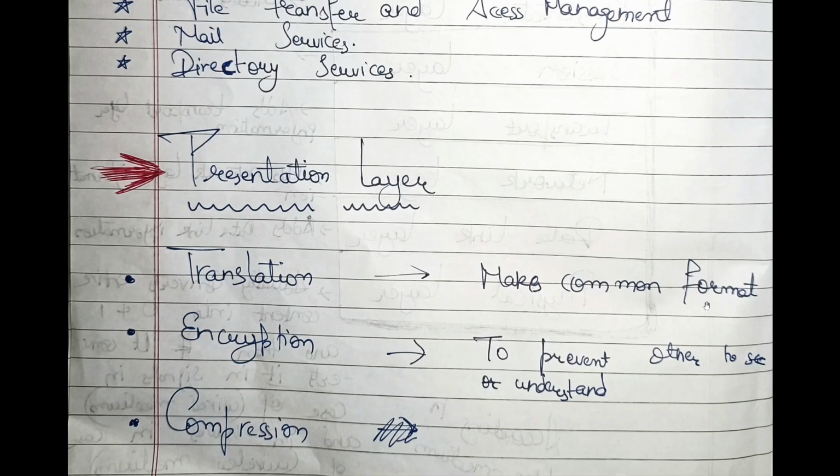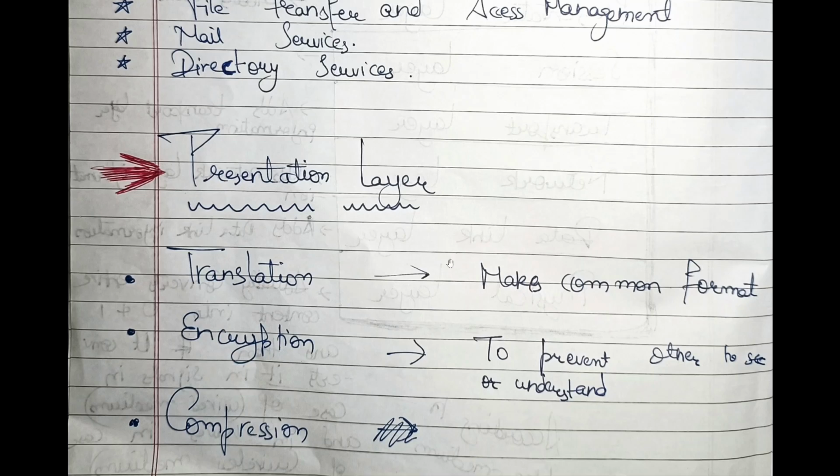Of course there can't be, because if you are talking in one language and the other person is talking in another language, how are you both going to understand each other? Certainly you are not going to understand each other. So you have to talk in a common language in order to make a communication successful. That same case is with these computers. They have to first agree on a common format, then they will be able to communicate.